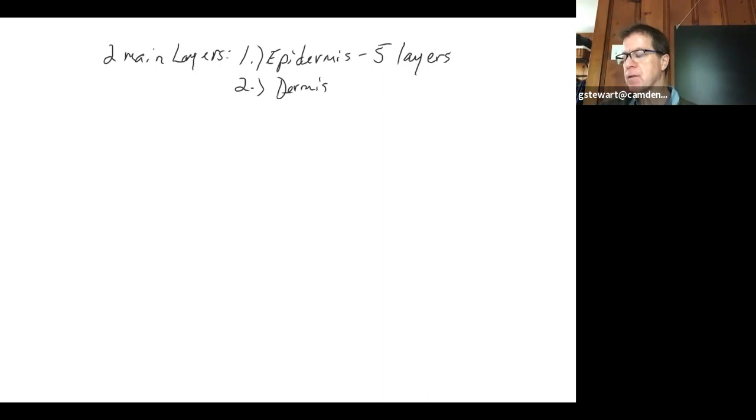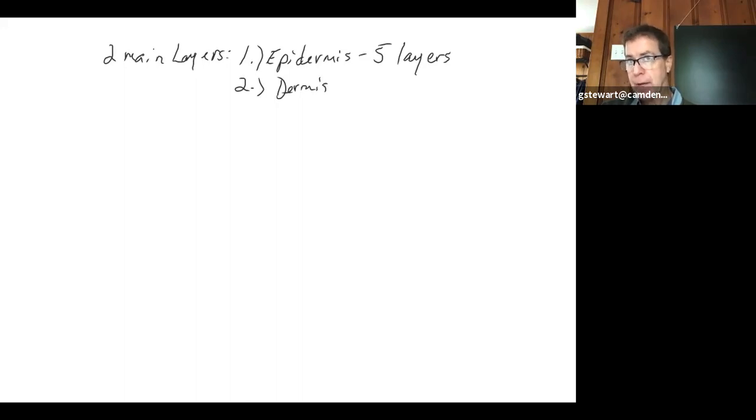The five layers of the epidermis, from the deepest layer to the most superficial, start with the stratum basale. Remember, that has basal stem cells and melanocytes in it. The basal stem cells are continually dividing to give us new cells, and the melanocytes produce the pigment melanin.